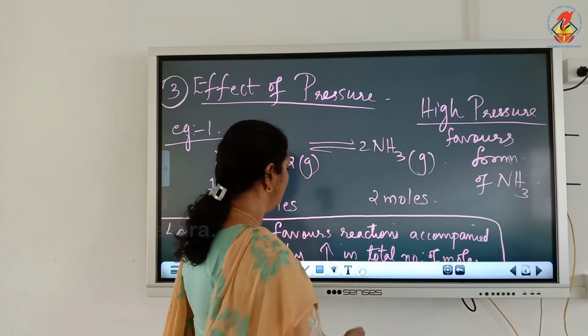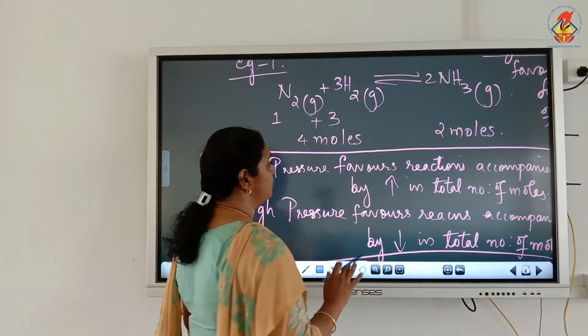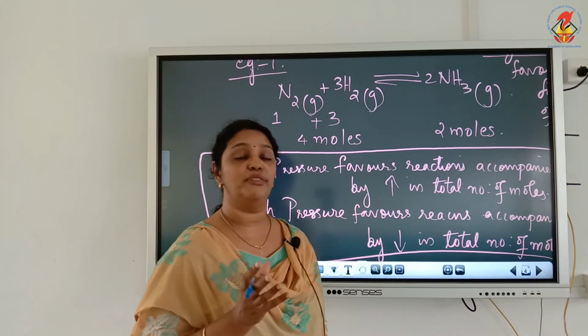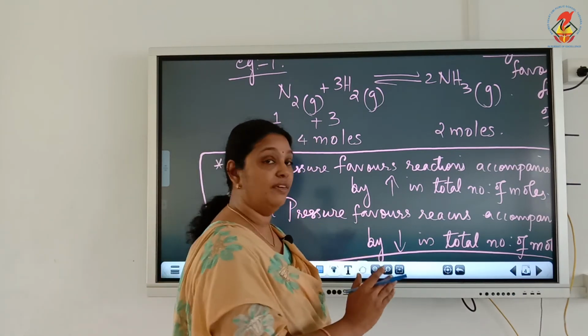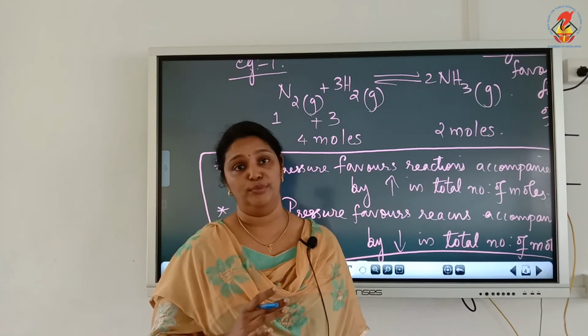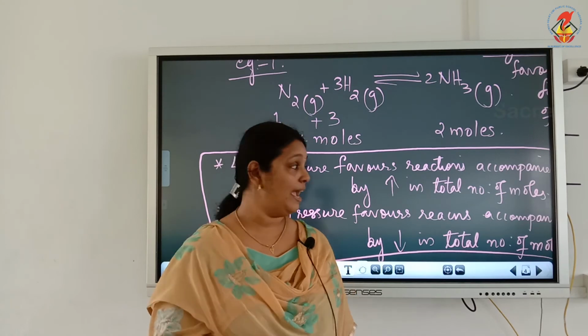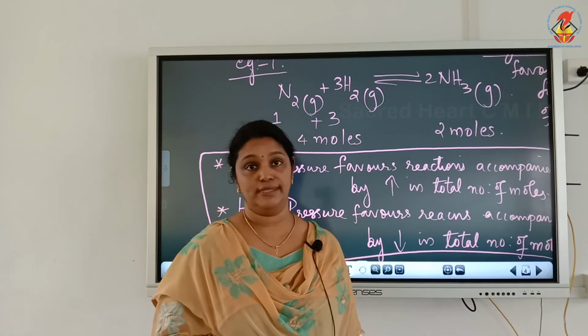Okay, these 2 points are to be noted. So we understood the effect of pressure on equilibrium of a reaction: high pressure favors reactions accompanied by decrease in total number of moles, and low pressure favors reactions accompanied by increase in total number of moles.